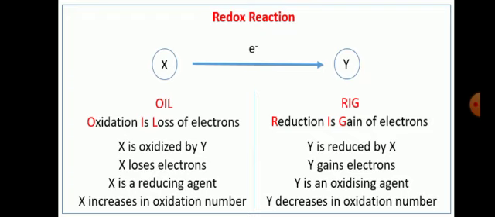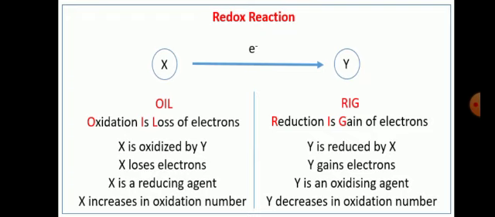In case of electrons, oxidation is loss of electrons and reduction is gain of electrons. So it is just the opposite. Fine. So you can remember OIL for oxidation and RIG for reduction. OIL is oxidation is loss of electrons and RIG is reduction is gain of electrons.